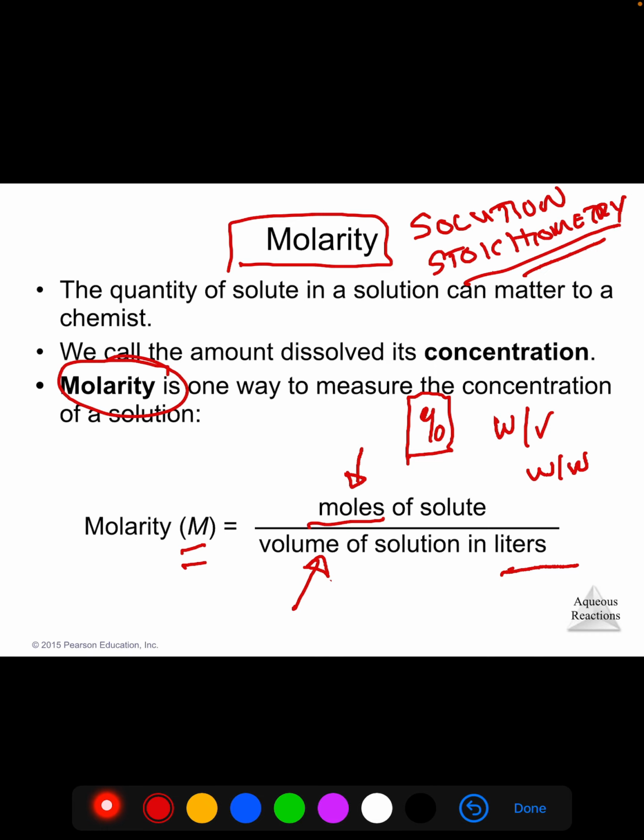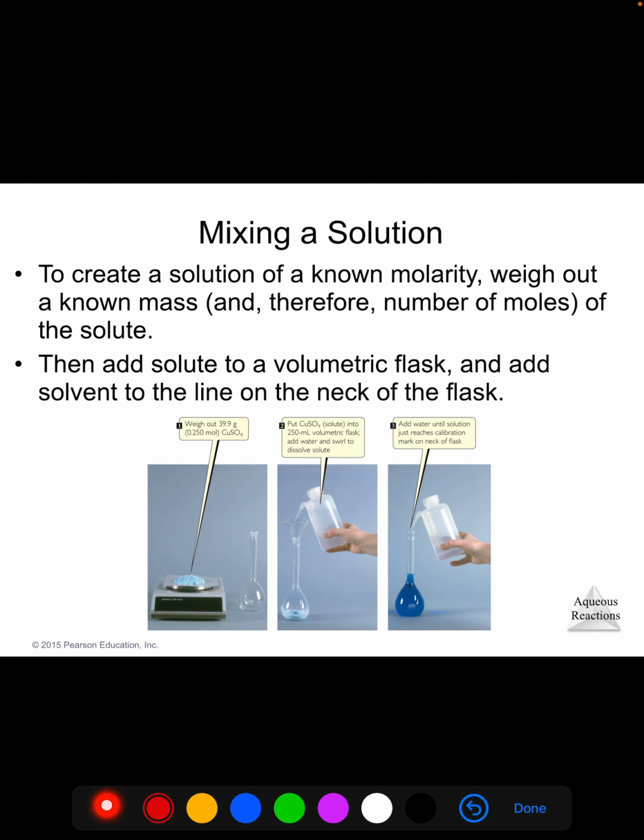concentration. It's a measure of the concentration of a solution, how much solute in moles is dissolved per liter. And usually we're talking about a liter of water because, especially in this chapter, we're talking aqueous solutions.